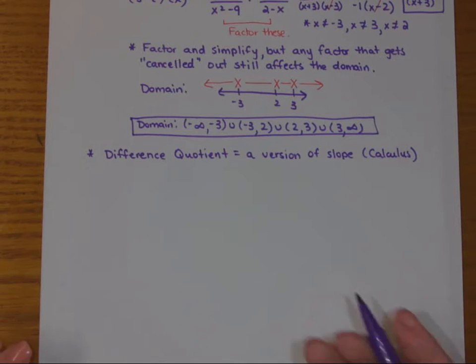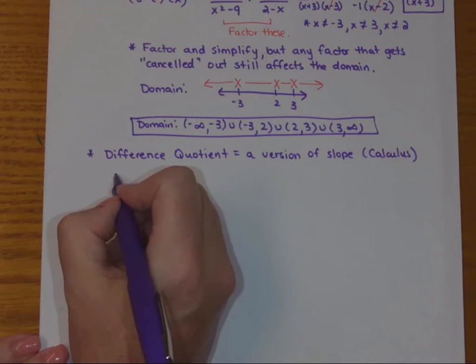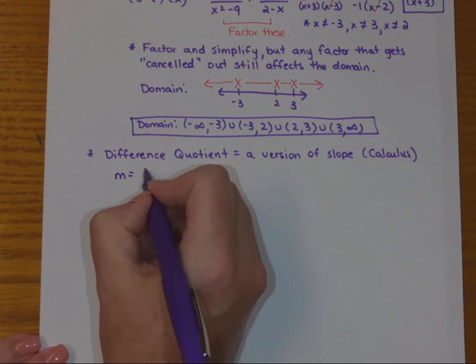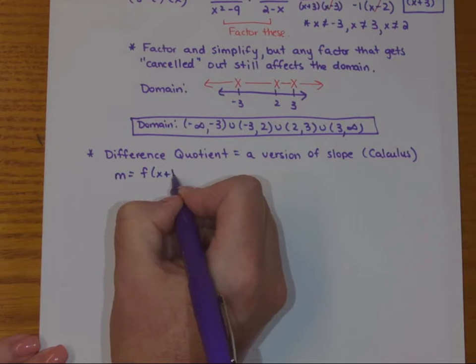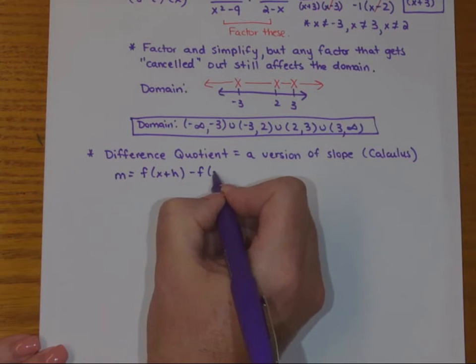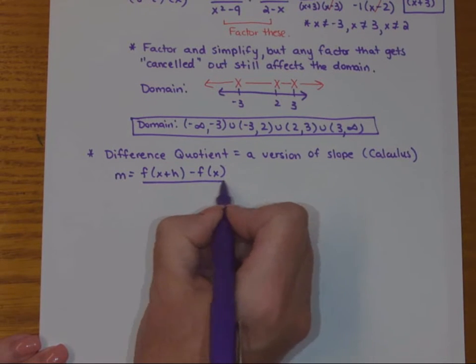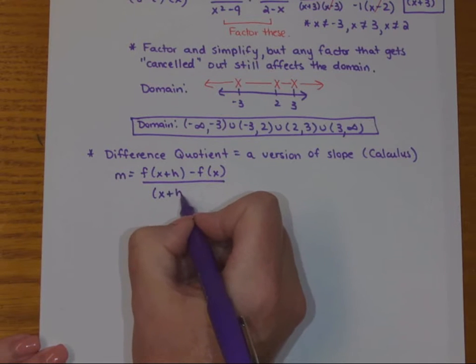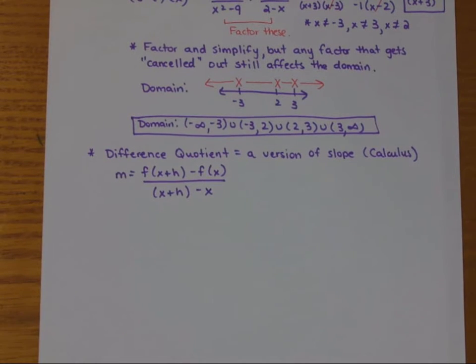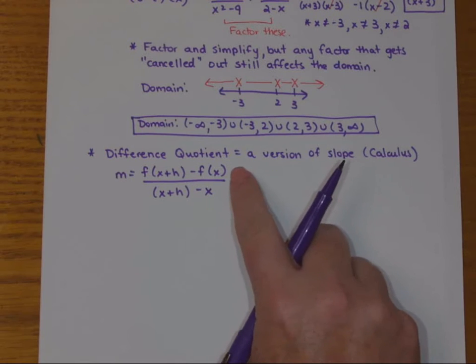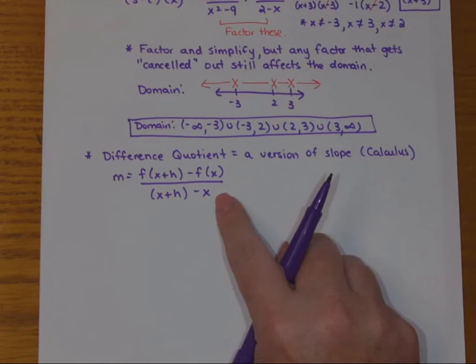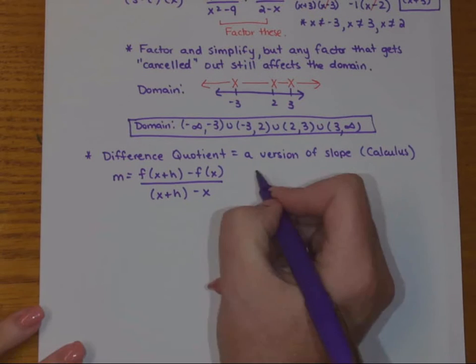If you're not going to take calculus, we're just going to think of this as a version of slope. So remember, slope is normally change in y over change in x. And so there's a very specific slope formula, which I know looks a little strange, okay? And it's definitely a little extra from our original slope formula, but this is still just a change in y over a change in x, okay?